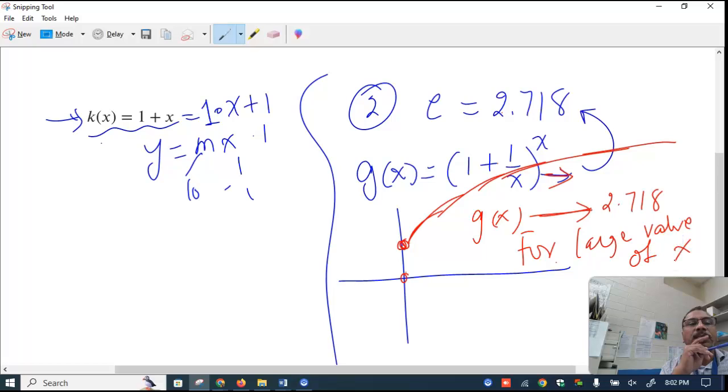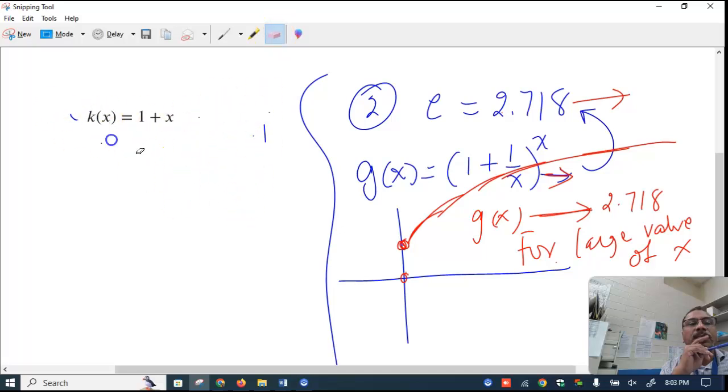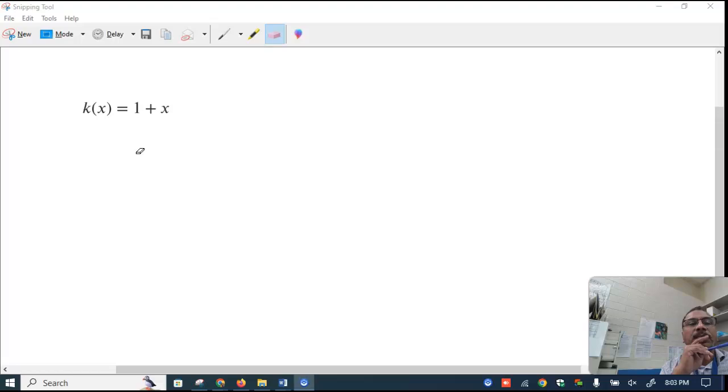That's all it means. Understanding that? Yes. Then question number 3 says, what's the relationship between these functions?